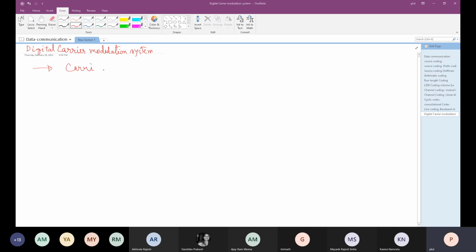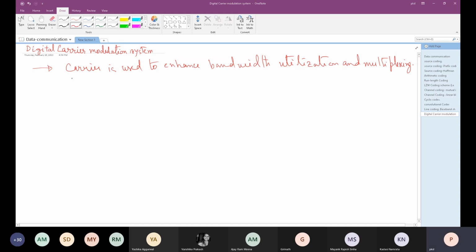So therefore, we can write carrier is used to enhance bandwidth utilization and multiplexing. This is the basic purpose.